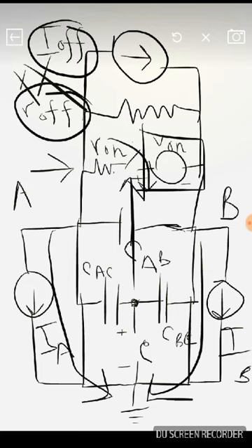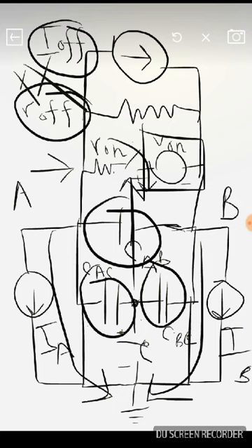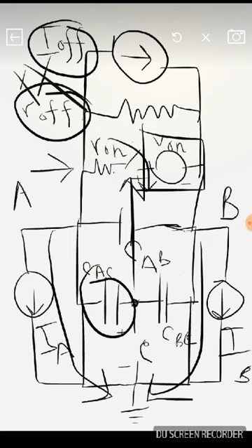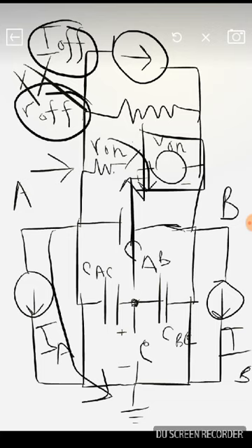And there are parasitic capacitors everywhere, between A and C, between A and B, between B and C. These are the capacitors, and this is the ground terminal. So this, my friend, is the diagram of a non-ideal switch.